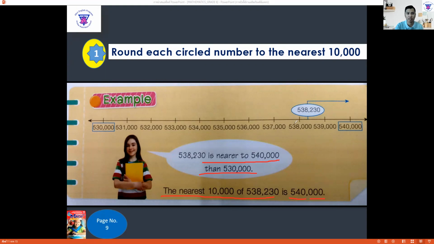Okay, so we are going to find the nearest 10,000 of this number. Since it is very close to this number, the nearest 10,000 of that number is 540,000. Okay, very good. That is the nearest number.